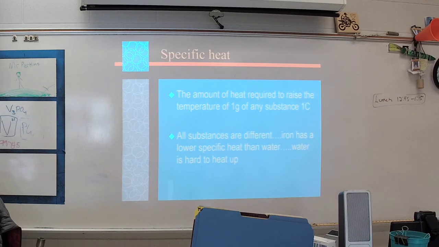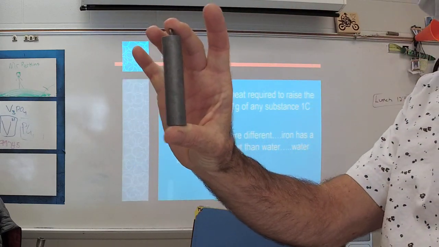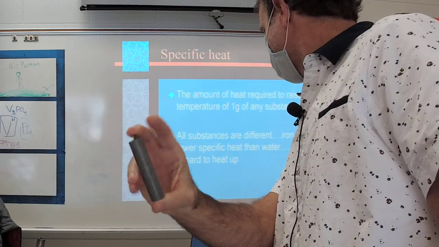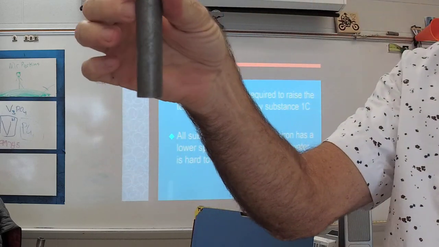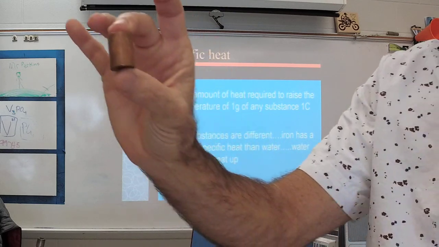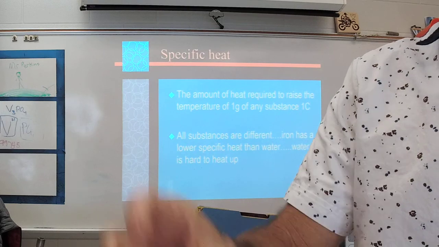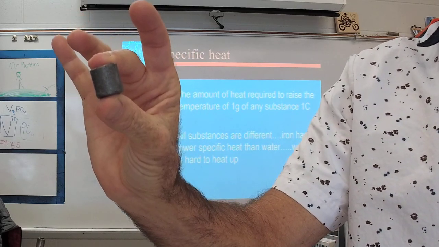Here is 70 grams of aluminum, okay? This is 70 grams of aluminum, and I know this looks like less, but it's still the same thing. This is 70 grams of copper, and this is 70 grams of lead.